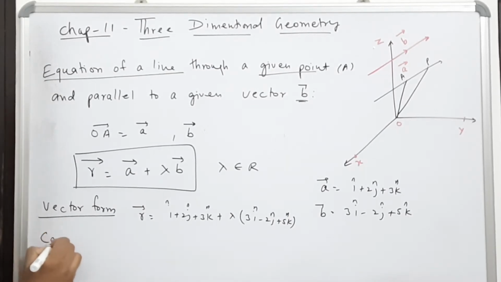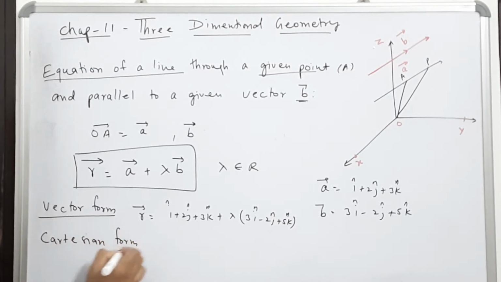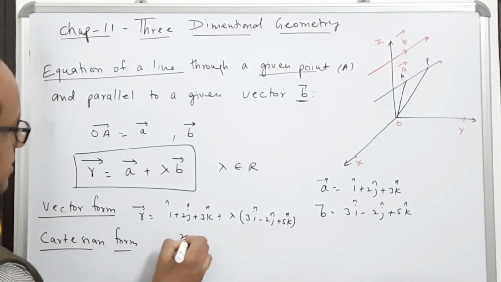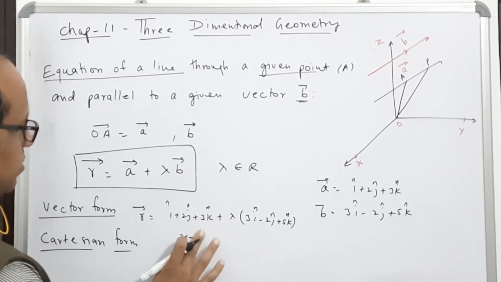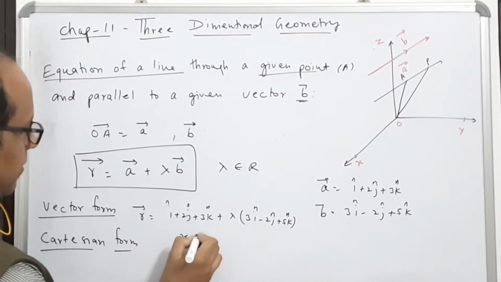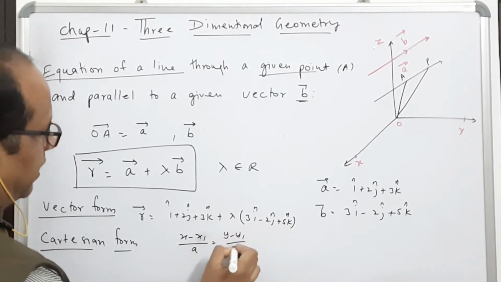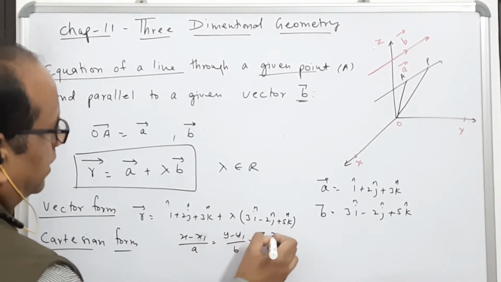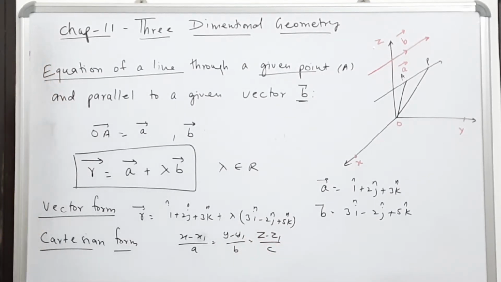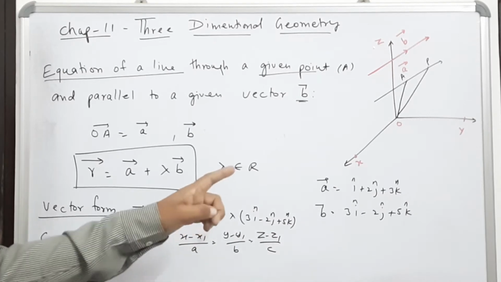And the Cartesian form, the formula for the Cartesian form is (x minus x1) upon a, (y minus y1) upon b, and (z minus z1) upon c, where x1, y1 and z1 is the point.